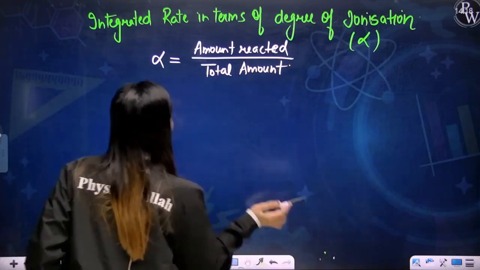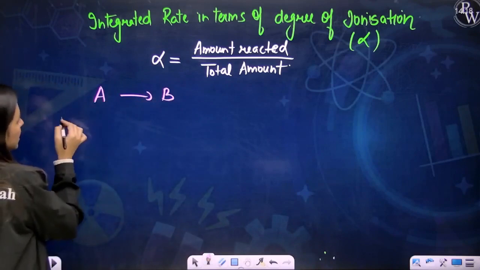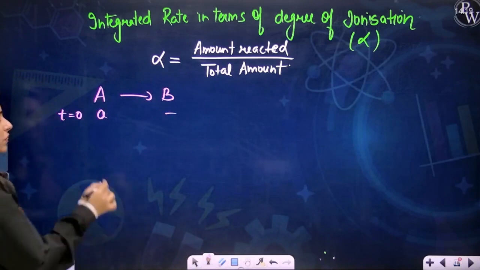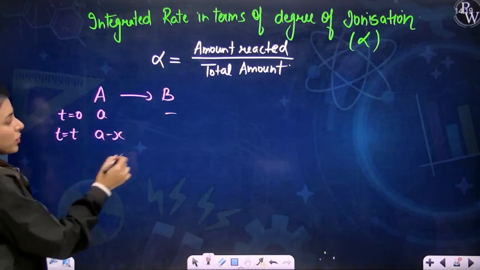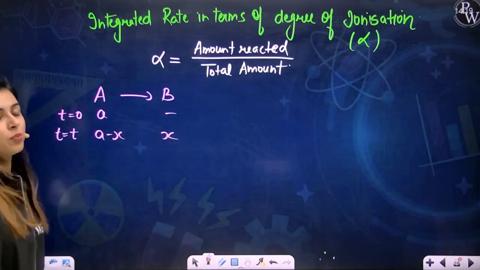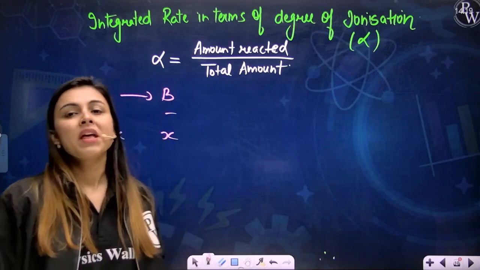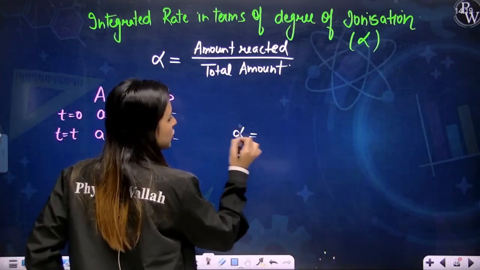Now, the reaction which we wrote initially, from A to B. Initially, at t is equal to 0, you had A amount of this and you didn't have any of the product. At t is equal to t time, you have A minus X, where X was the amount reacted and the amount of product formed, and A minus X was the amount left. Now if I ask you the value of degree of ionization here, what will you say?